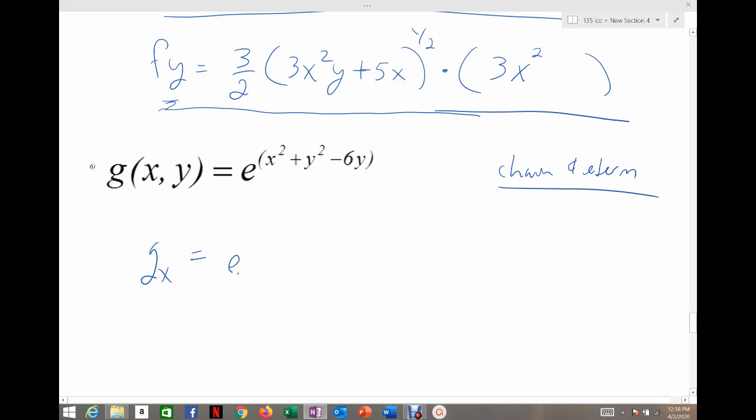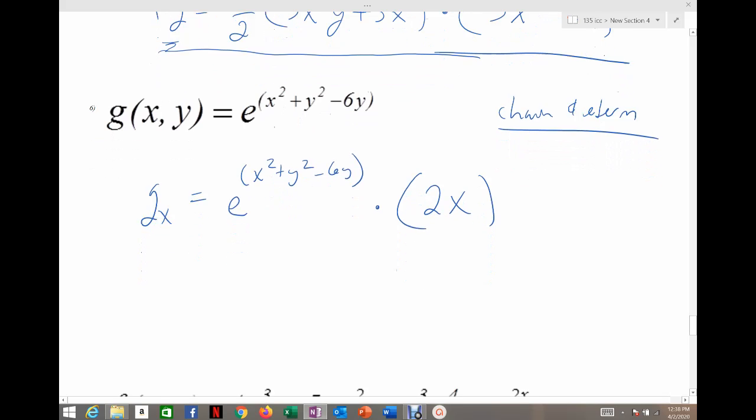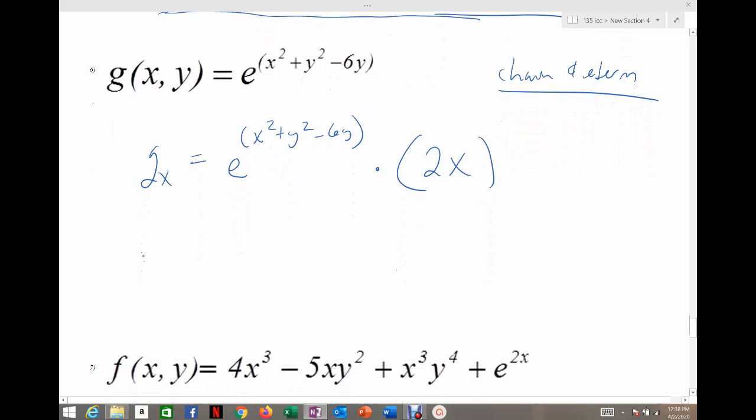And so the first thing you write down is the original expression without changing a thing. Then separated by multiplication, we take the derivative of the inside with respect to the variable I'm looking at. So I'm looking at x, and that's the only term with x in it. Everything else will zero out. And so the derivative of x squared is times 2x. So there's the derivative of that function with respect to x.